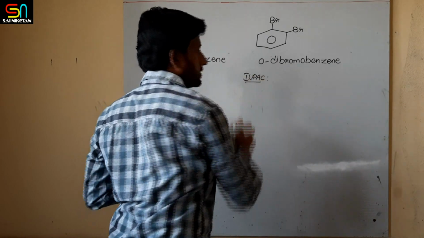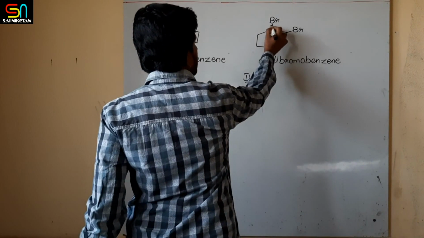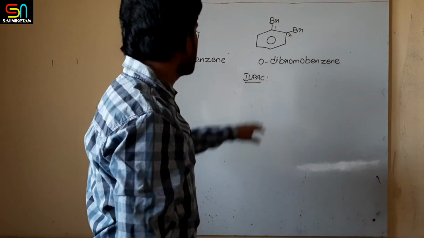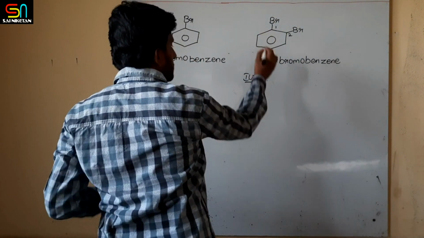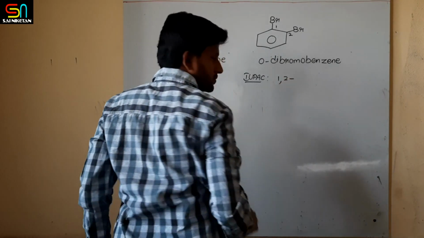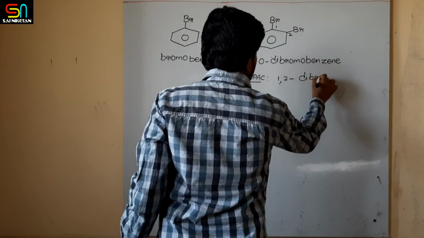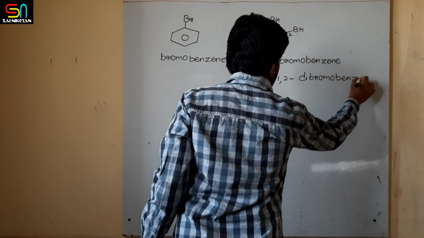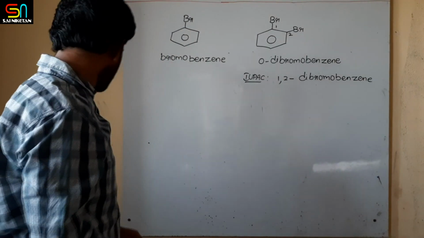But what about the IUPAC name of this compound? Here I can write 1 over here and 2 over here, or you can write 1 here or 2 here. There is nothing wrong. So what is the IUPAC name? 1,2-dibromobenzene.